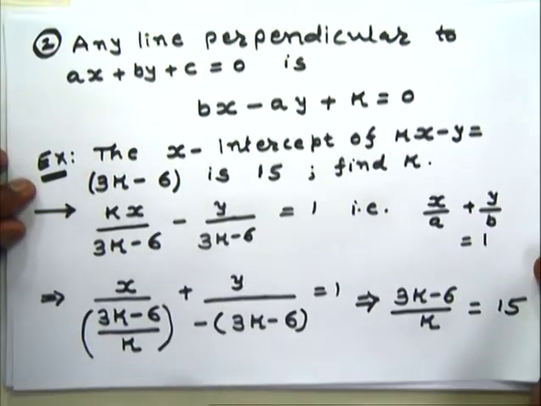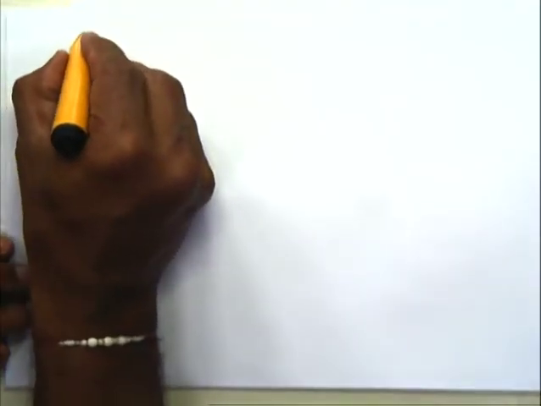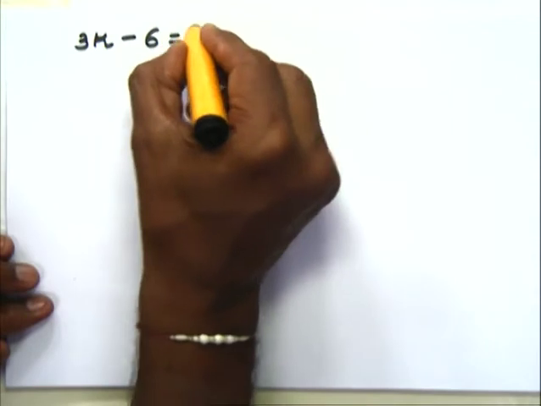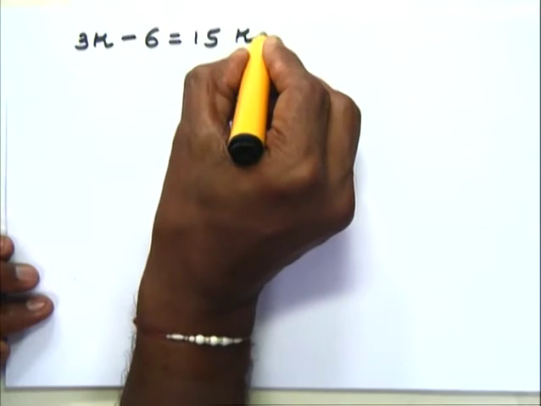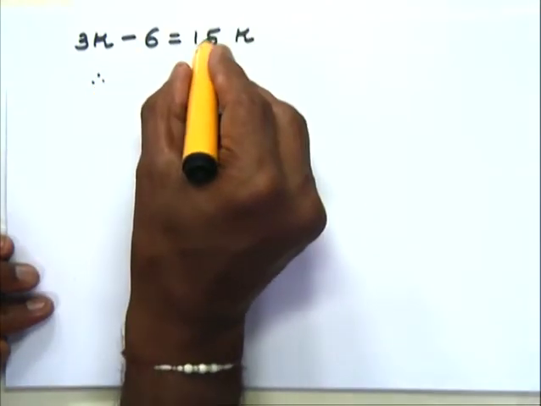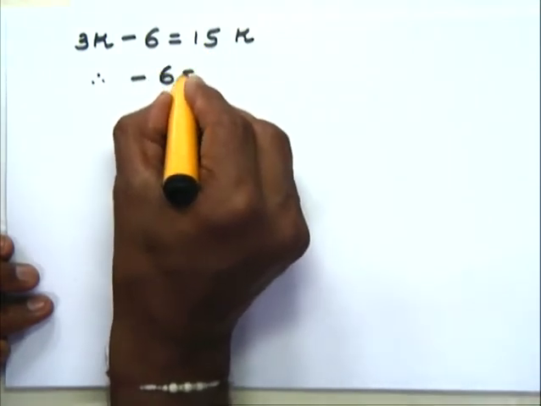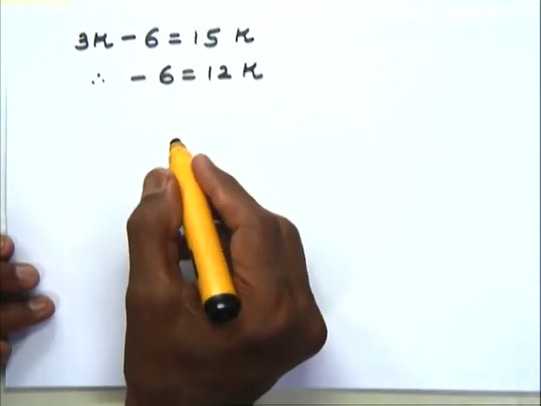So let us simplify, and we find what will be the value of k. Let us further carry out the simplification. 3k minus 6 equal to 15k. Okay. So 15 minus 3 gave us 12k.